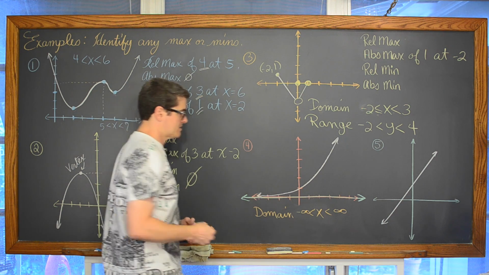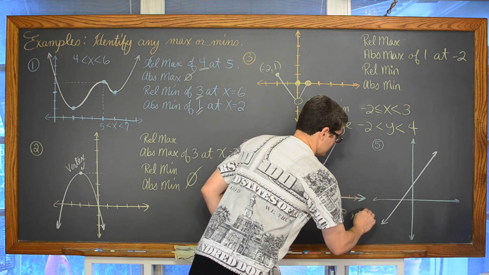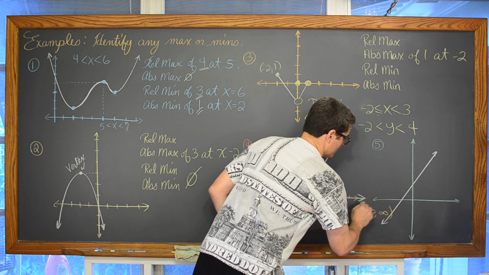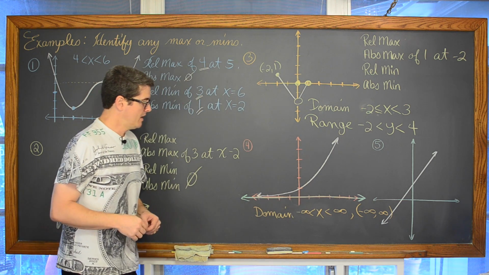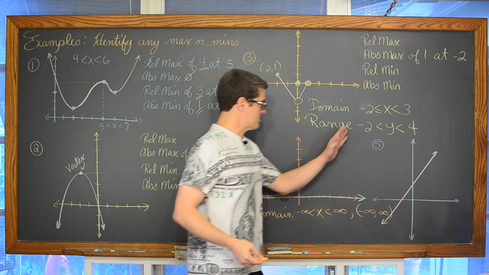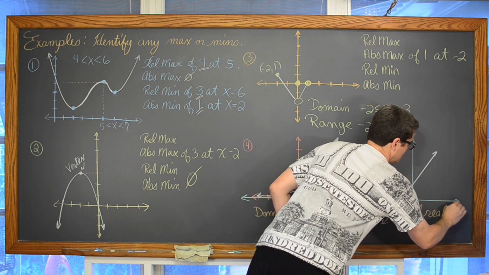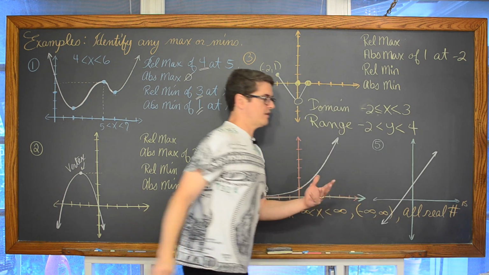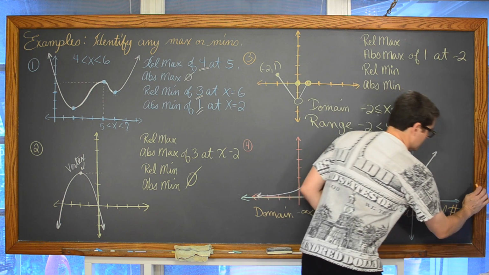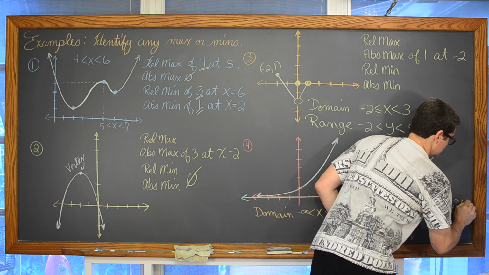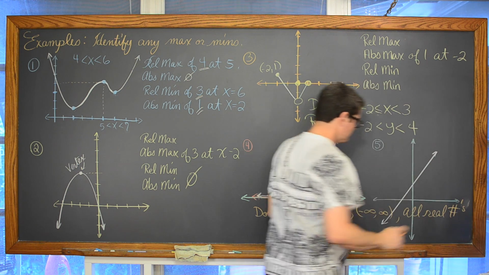You might see that as -infinity to +infinity if your book is using interval notation. Your teacher might also just say that this domain is all real numbers, just to put it in English.